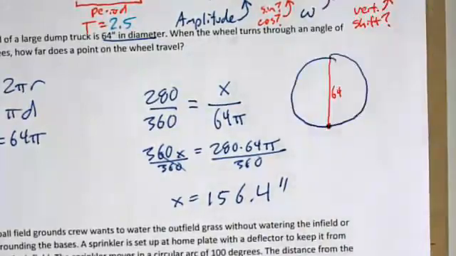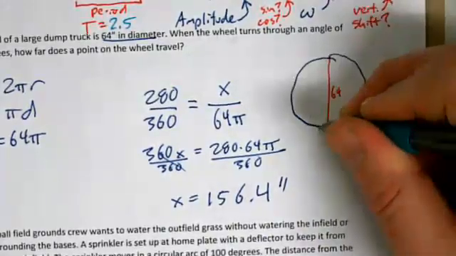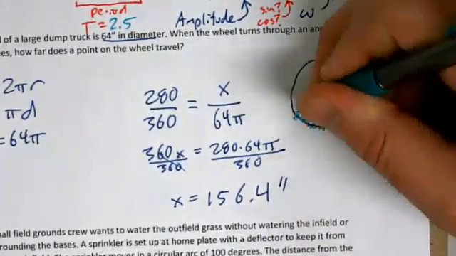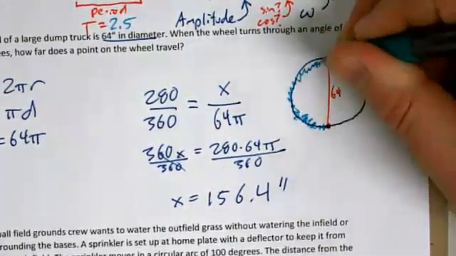So what we just found was the distance around the edge of the circle going through 280 degrees.